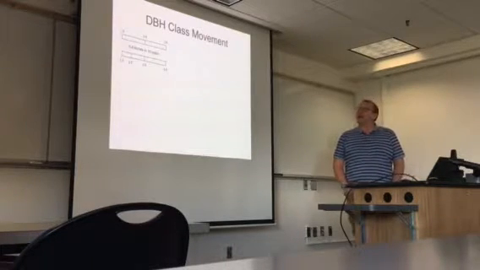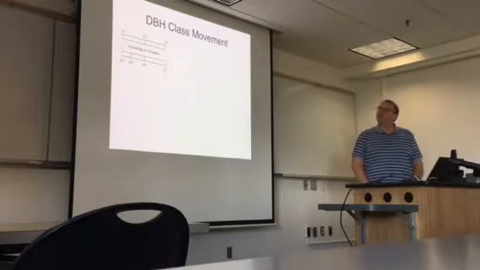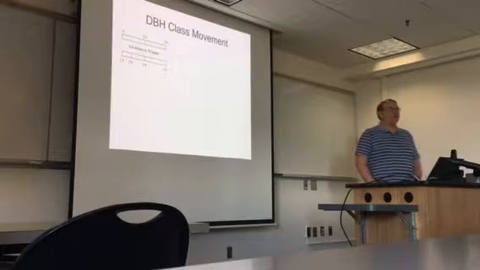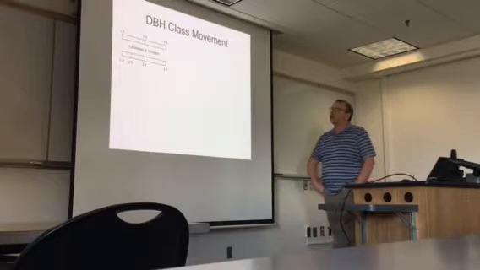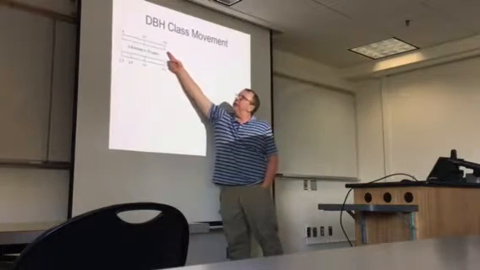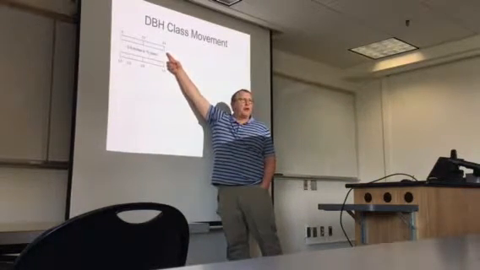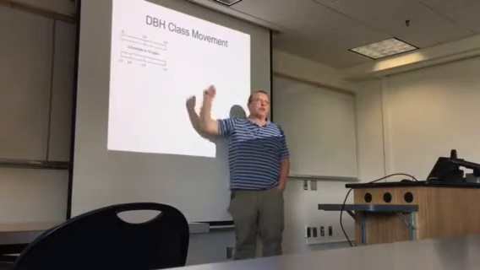So the 1.5-inch trees will become 2.3-inch trees, the 2-inch trees will become 2.8-inch trees, and so forth. So here's what that class looks like before we grow. Here's what it looks like after we grow.